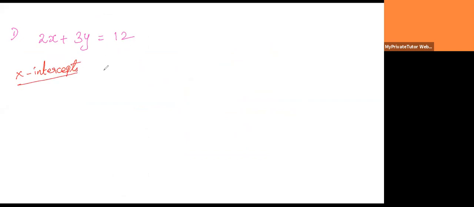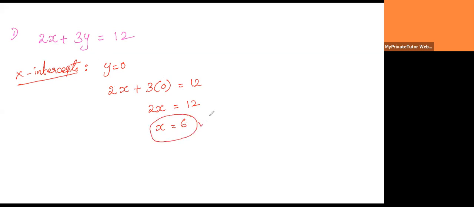You put y equals 0, isn't it? So what might be the answer? 2x + 3 times, instead of y, I'm substituting 0, equals 12. And 3 times 0 becomes 0, and we are left with 2x = 12, and x = 6, which is 12 divided by 2.